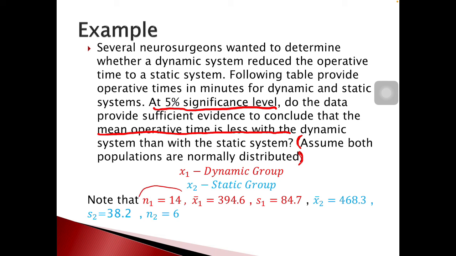They have given n1 equals 14, which means the first sample size, and the second sample size n2 equals 6. x1 bar is given, x2 bar is given, the first sample standard deviation s1 is given, and the second sample standard deviation s2 is given.